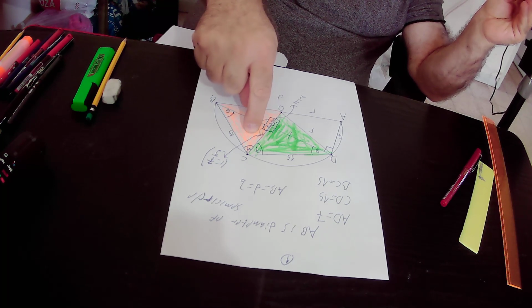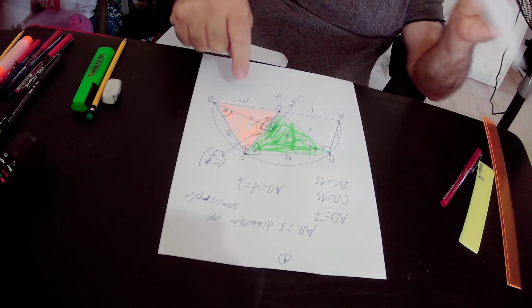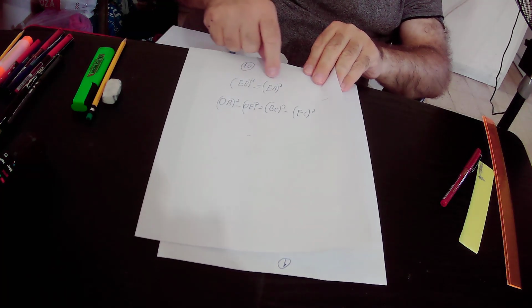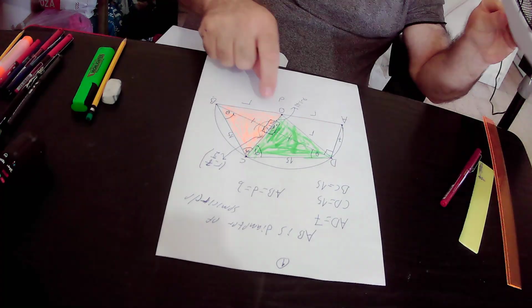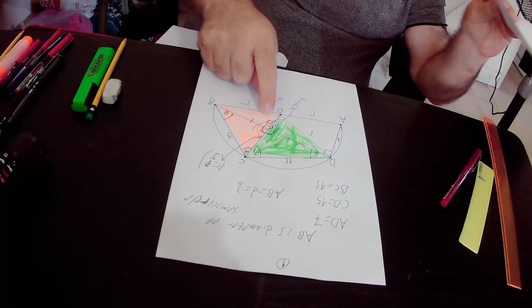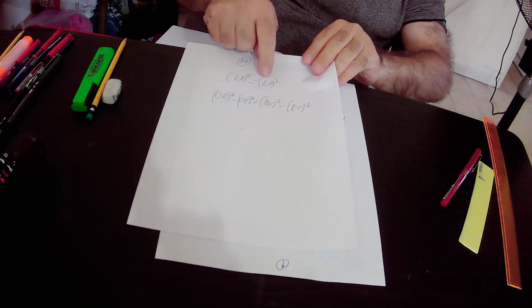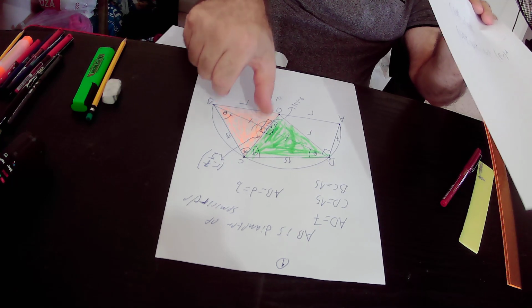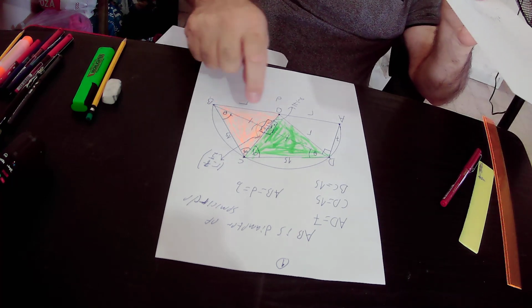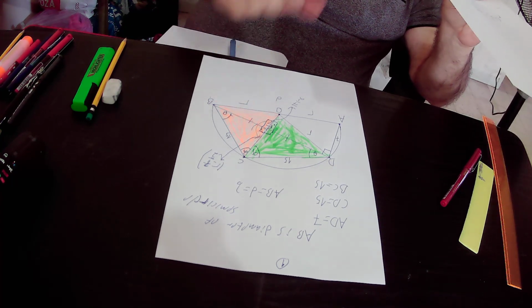So on this side of the equality we related to this right triangle, and on the other side we related to this right triangle in relation to EB. EB belongs to both right triangles.